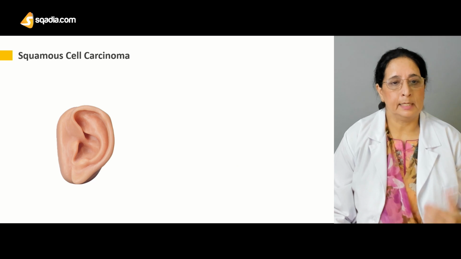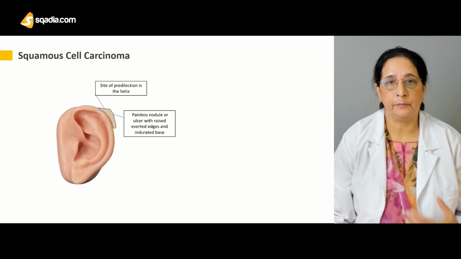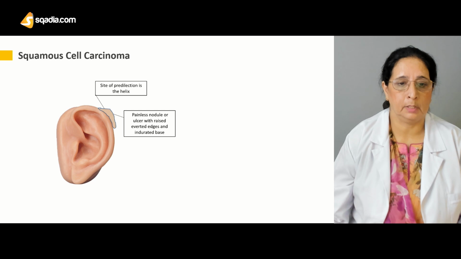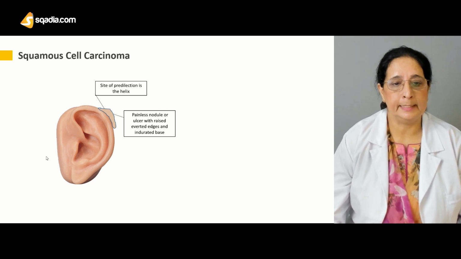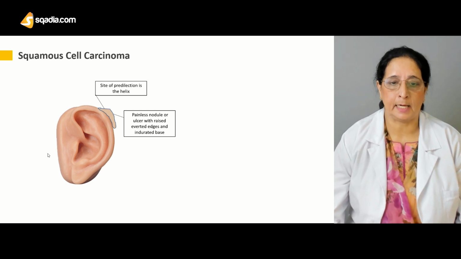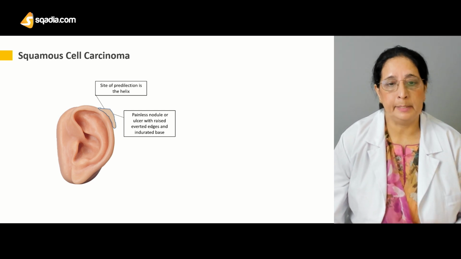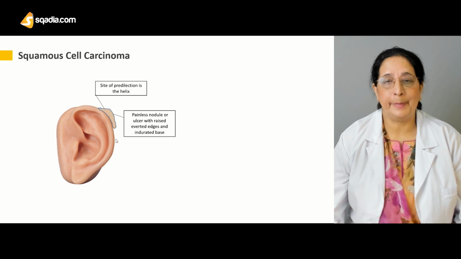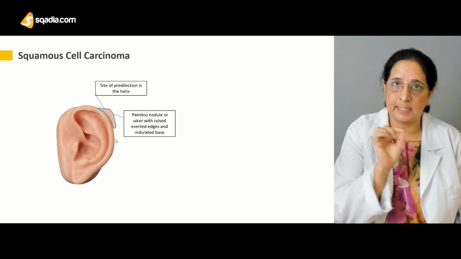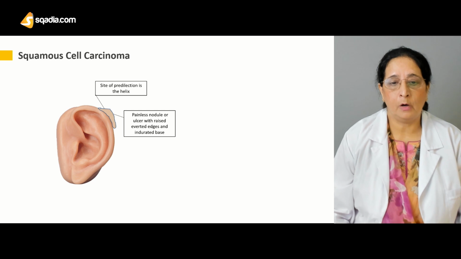For squamous cell carcinoma of the auricle, the common site is the helix. The helix is the site where squamous cell carcinoma is commonly present, and it's a painless nodule, not painful, or an ulcer.